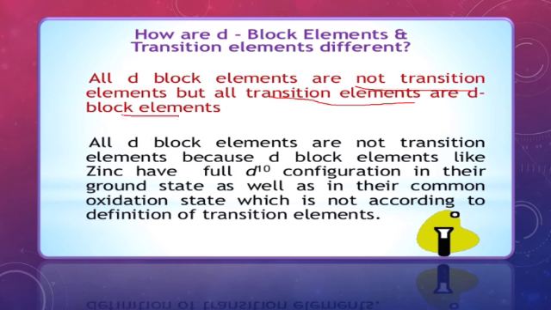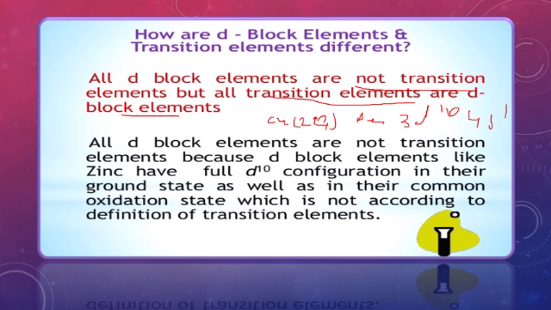Strictly speaking, transition elements are those elements which have a partially filled n-1 d subshell in their elemental state or in their common oxidation state. For example, copper, which has atomic number 29, and the electronic configuration of copper is argon 3d10 4s1.